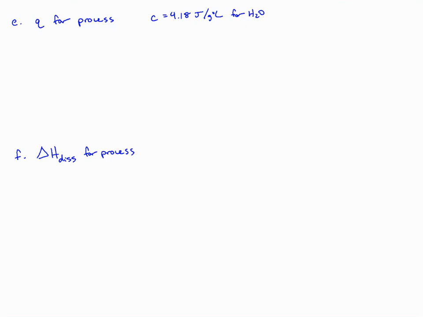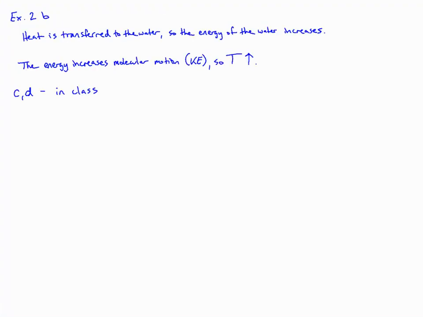We know that the temperature is increasing, but we're talking about the temperature of the water increasing. We're also seeing here the specific heat of the water, and we're measuring the temperature of the water. So when we find Q for this process, it's actually going to be the Q of the water, because my C is the water, and I'm measuring the temperature of the water.